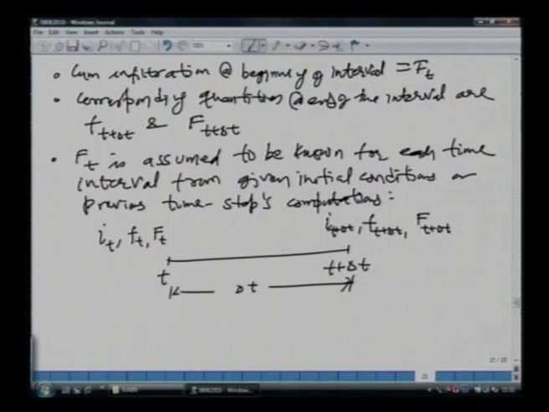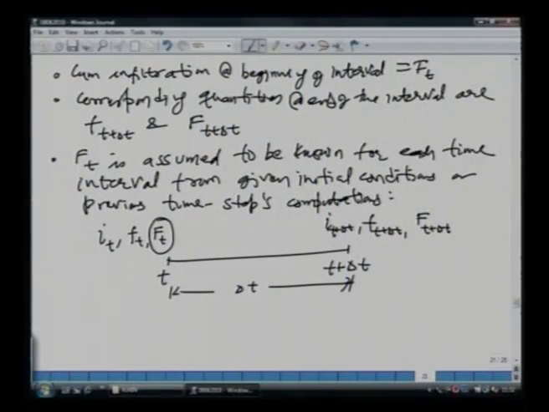An important assumption we have made here is that the cumulative infiltration at the beginning of each time interval is known. What does that mean? That means this particular variable is known at the beginning of each time interval. How is that true?